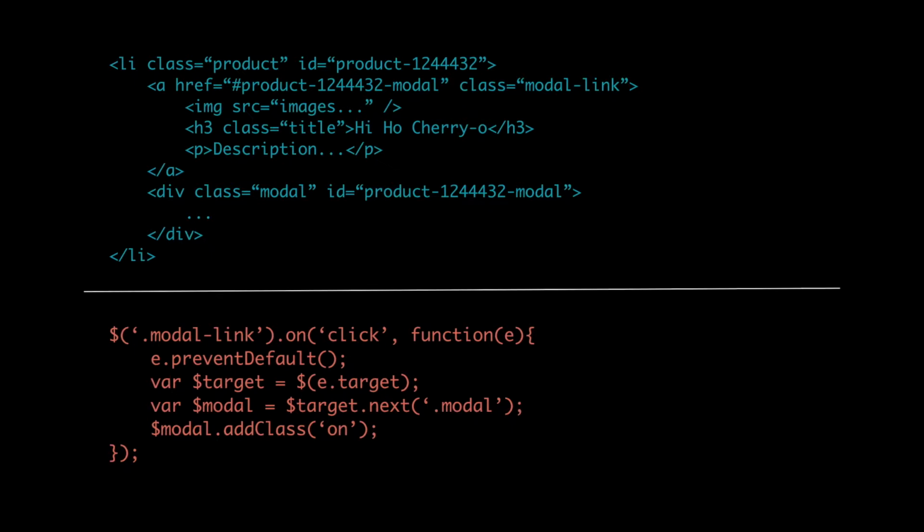So we're imagining that we've got some CSS set up such that when we add the on class to the modal object, that's the thing with a class of modal, that maybe turns the modal on and makes it appear. Maybe it's hidden by default or something like that. So you can see the idea here.